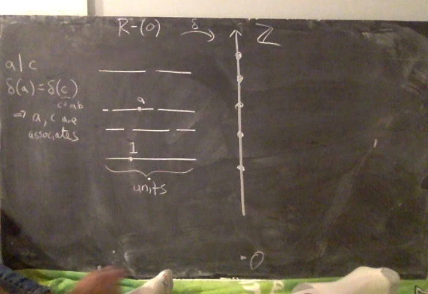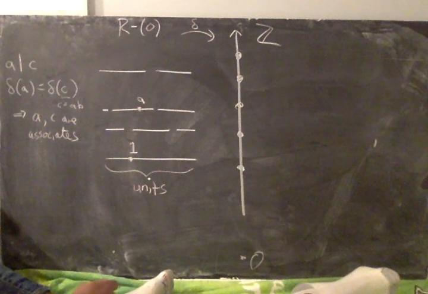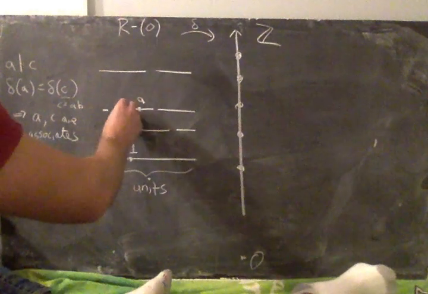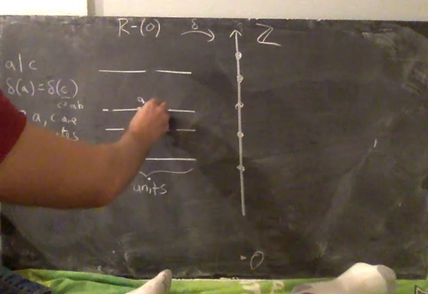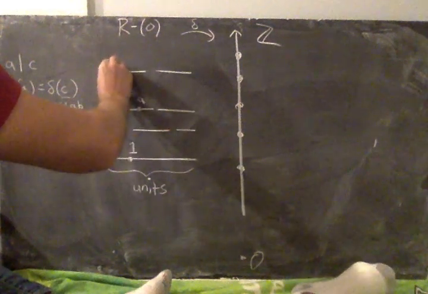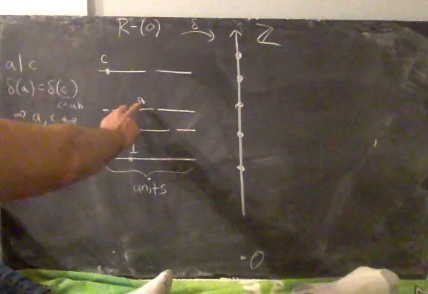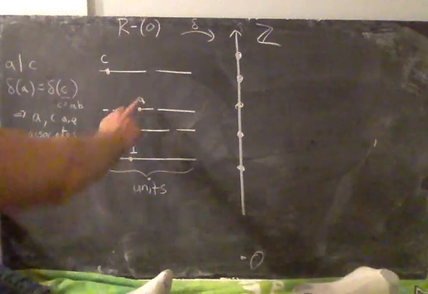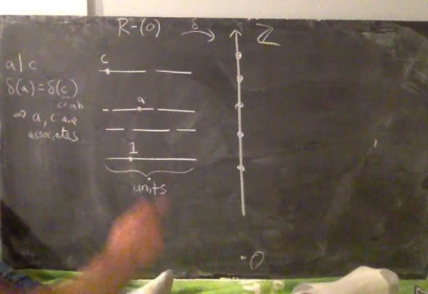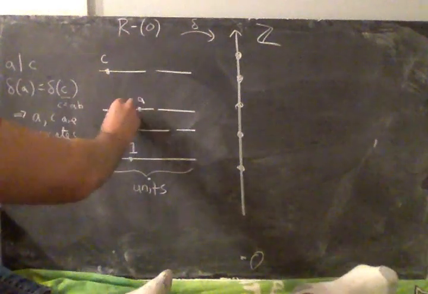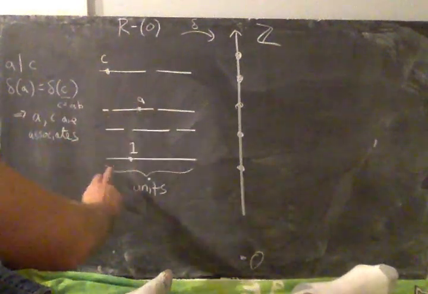So you have associates of A, those are multiples of A, and then C could be up here, something divisible by A. So you can either be up here, or on the same level, or a unit.